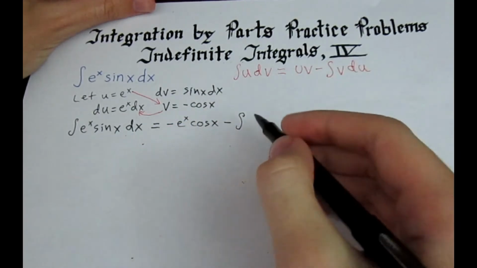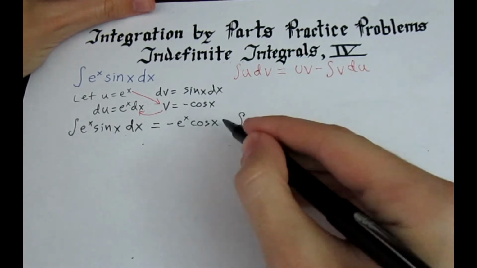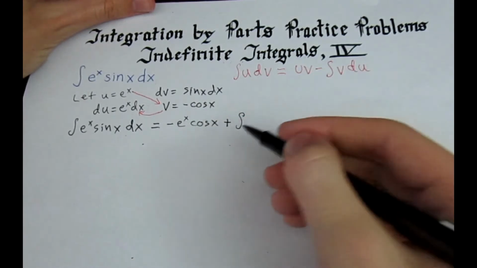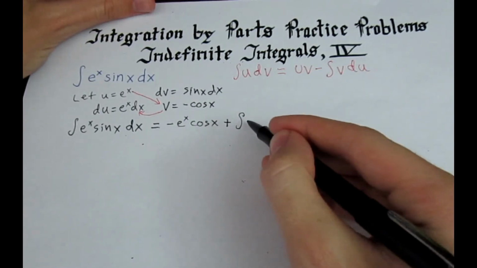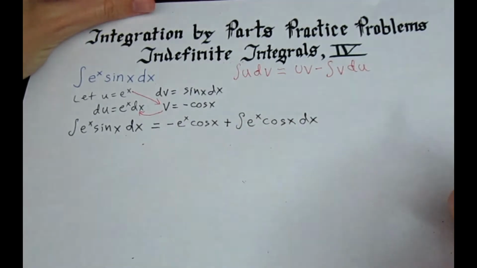It means the same thing. But since there's a negative here, I'm just going to pull that negative one out, and that would change this into a positive: e^x cos x dx.